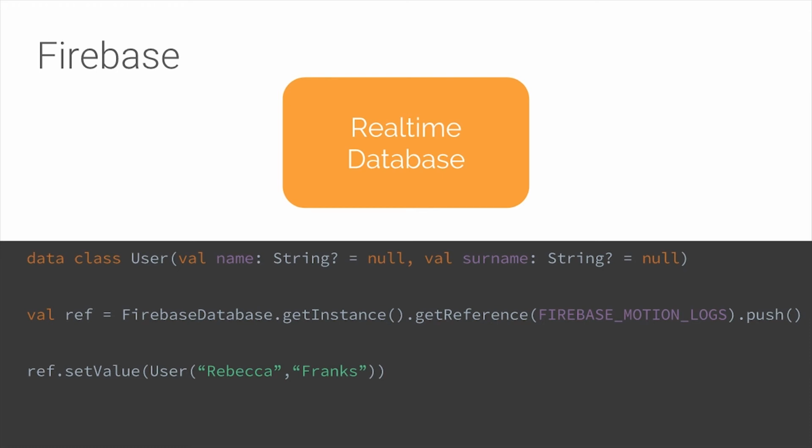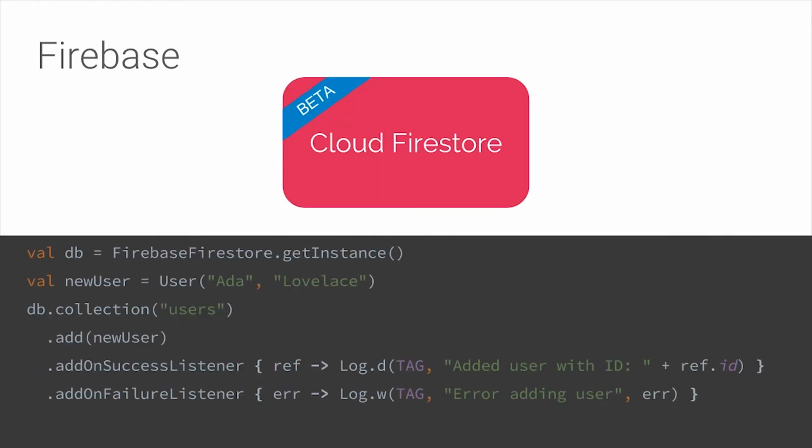Once you've got a reference to where you're going to store it, you can then just set a value on that and it'll automatically save it to the Firebase database. The nice part about this is if you've got anything else listening, so a client, another Android app or something like that listening at the same point in the node, I can get a real-time notification update to say this data has changed and we can now do something with this new data. So with automatic push notifications, I don't have to poll my server anymore when I use Firebase.